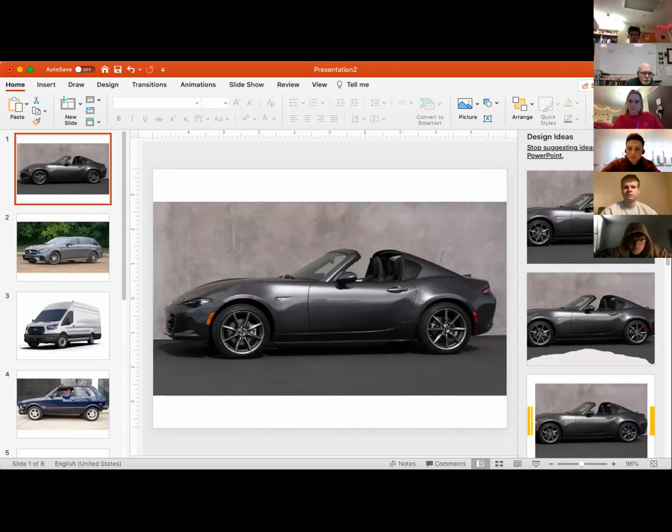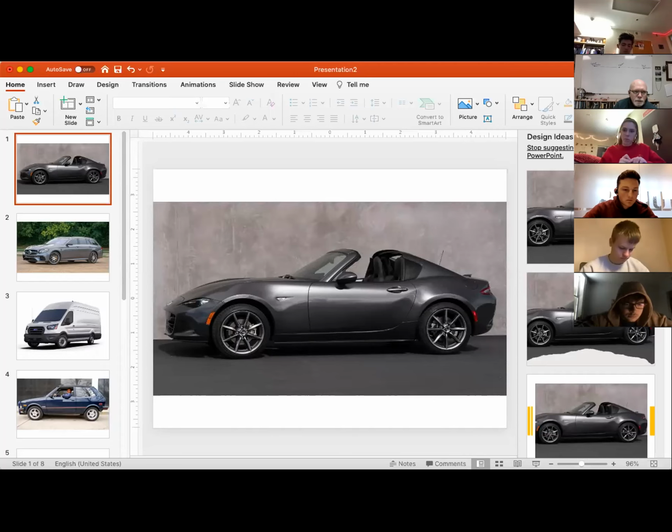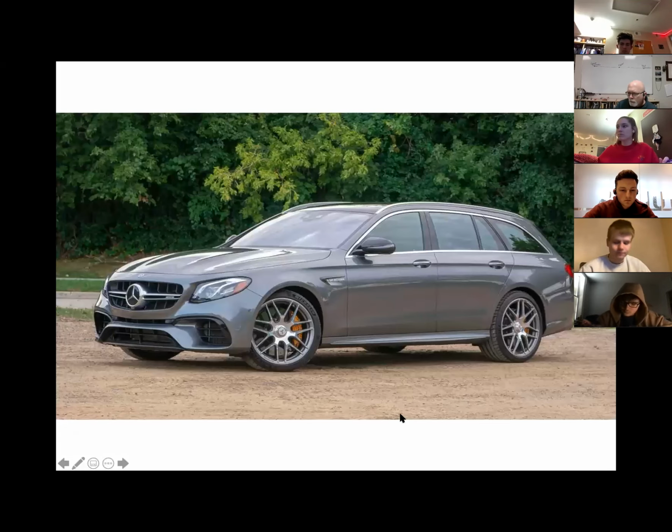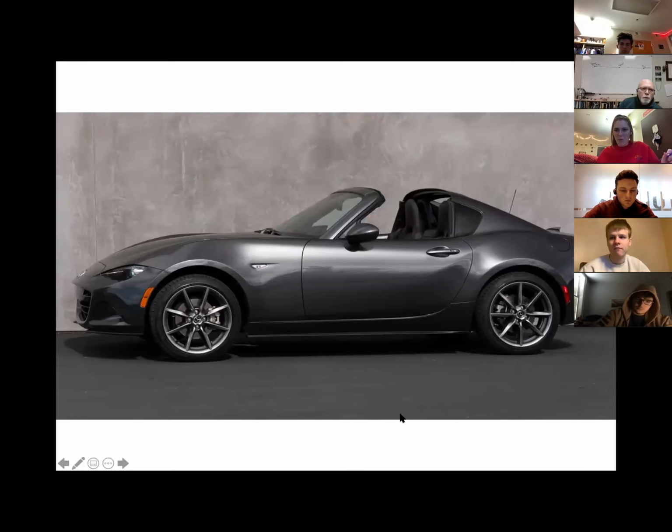Give me just a minute to square myself away Zoom-wise here. So here they are. Okay, so this is car number 1.